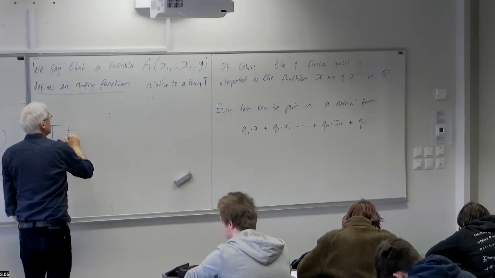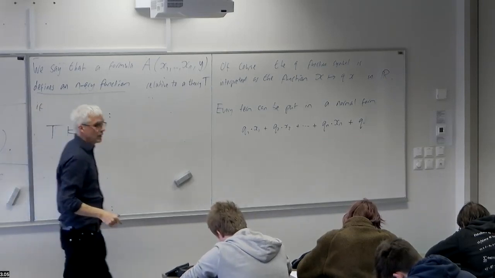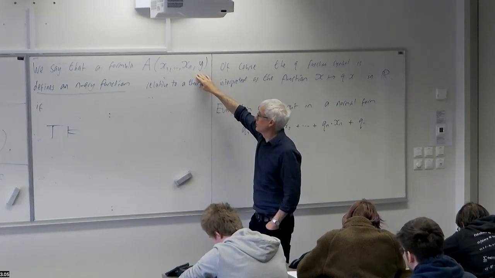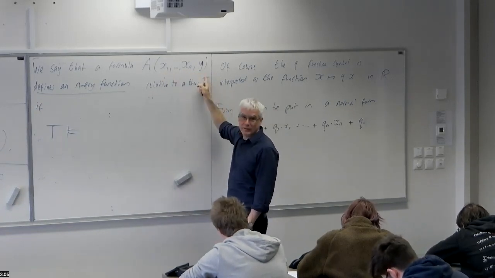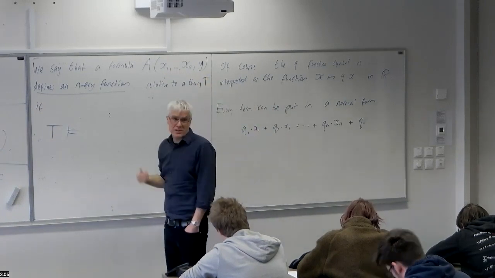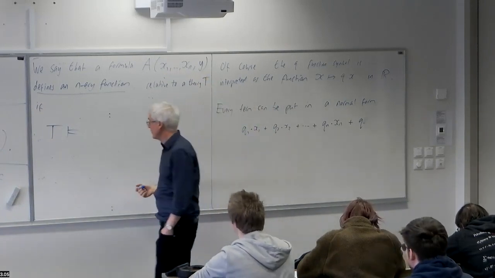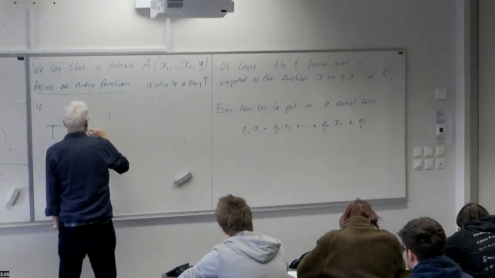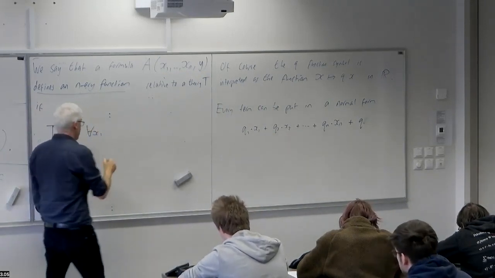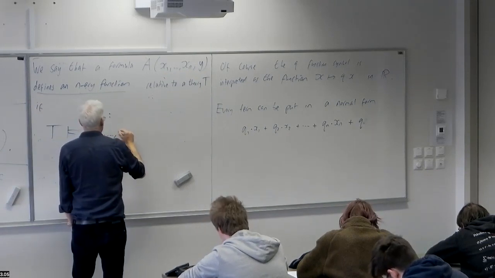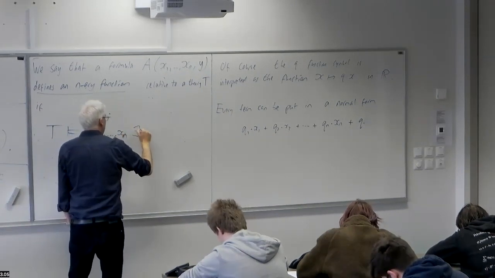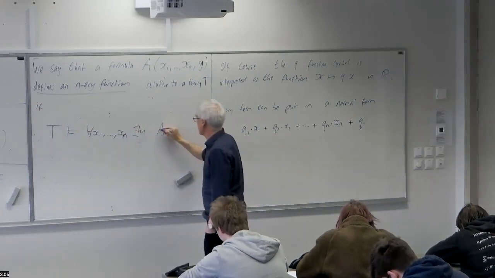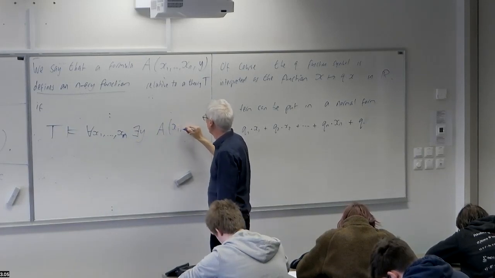What does it mean for a formula to define a function? Well, a relation is functional if for all x1 through to xn, there exists a unique y that satisfies the relation. And exists a unique we can express easily using first order logic, and an easy way of doing it is to just separate out the existence statement and the uniqueness statement. So the existence statement is that for all x1 through to xn, there exists a y such that A holds, so A(x1, ..., xn, y).